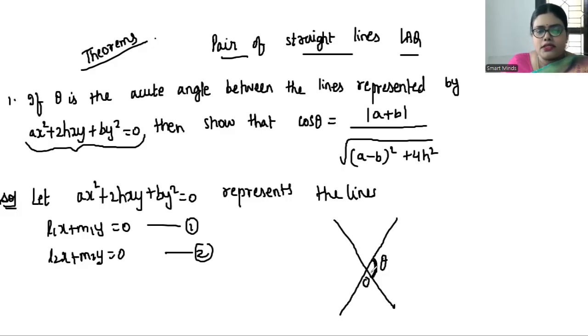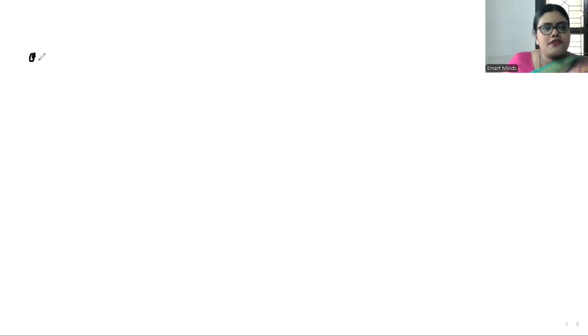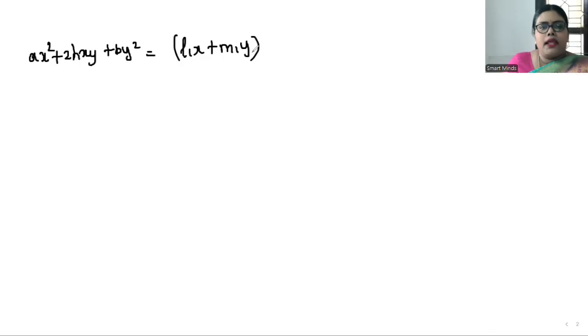Let us take this as origin. This is line number 1 and this is line number 2. So now this pair of straight lines ax square plus 2hxy plus by square is written as the product of these two lines, l1x plus m1y into l2x plus m2y.